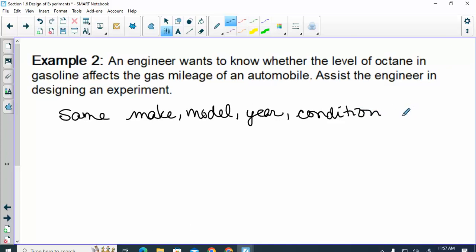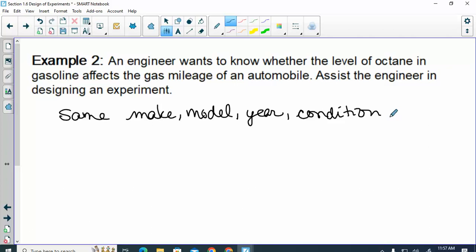And what else? Tires. Yeah, exactly. Condition. Tires make a difference. What else might make a difference? The roads. They need to be driving the same roads. Speed. We need to be driving the same speed. Same distance.